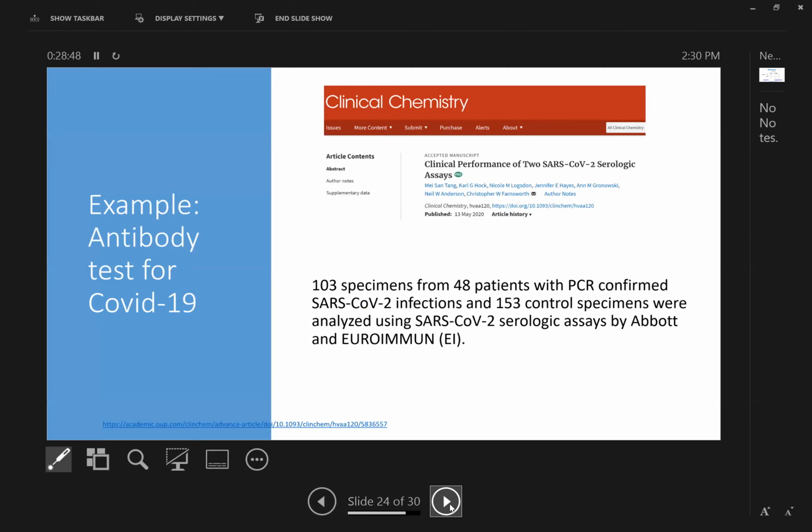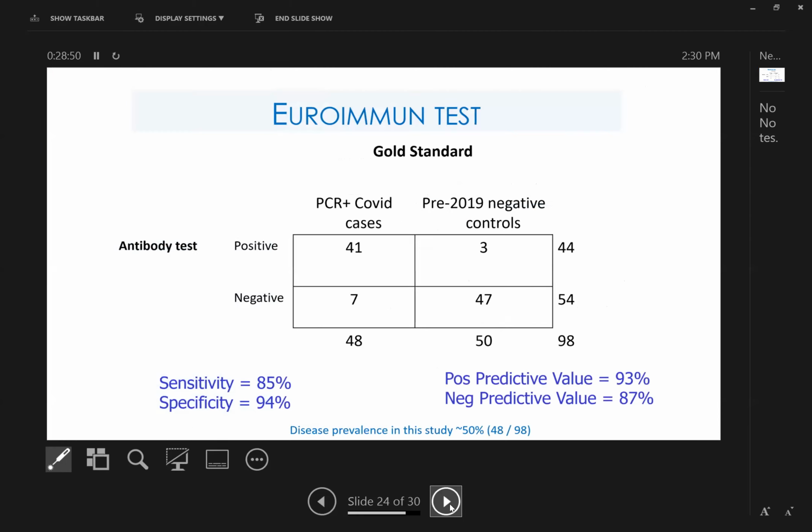So in the video that I've shown you, I have given you a nice worked out example of a gold standard against which an antibody test for COVID was done, a real study, where I've shown you the sensitivity is 85%, specificity is 94%, positive predictive value is 93, negative predictive value is 87, right?